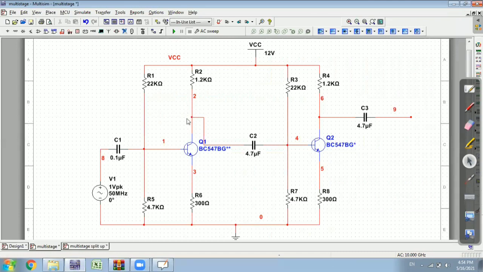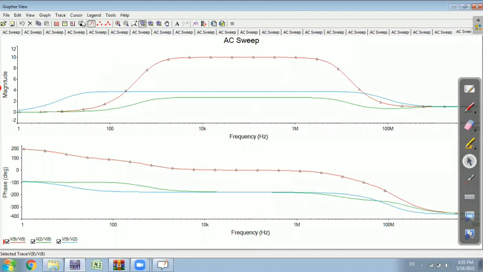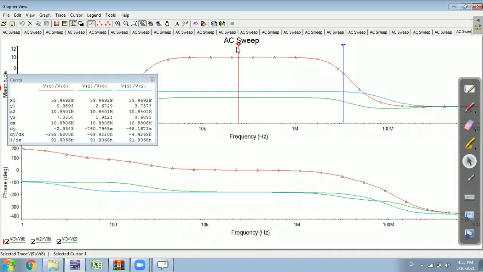So on adding a load, the gain decreases. The gain of my first stage alone gets decreased. But the second stage is not connected to any external load, so the gain of my second stage remains the same, that is 3.73. So this is the effect of loading.